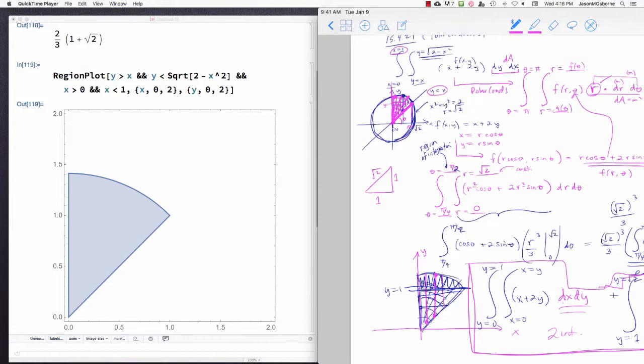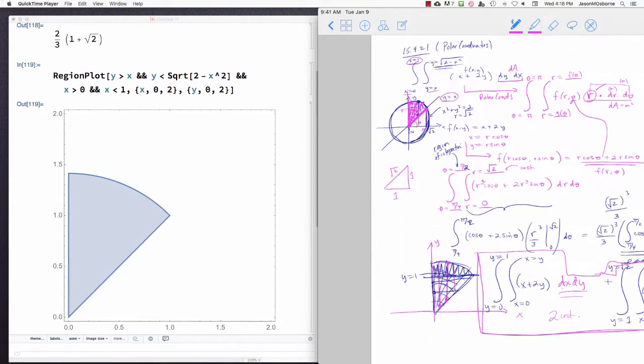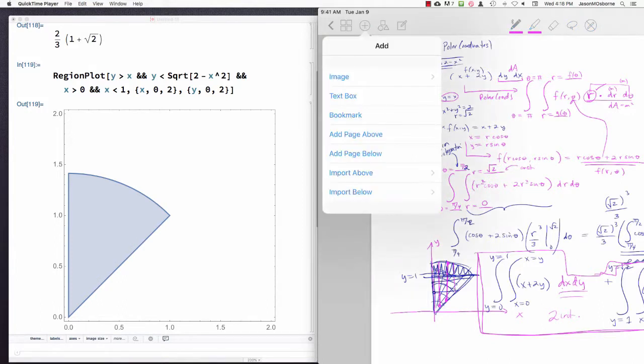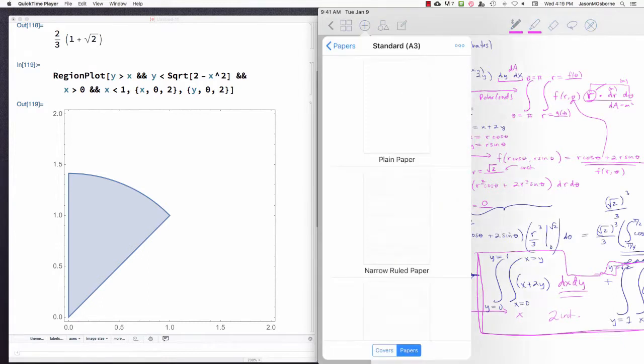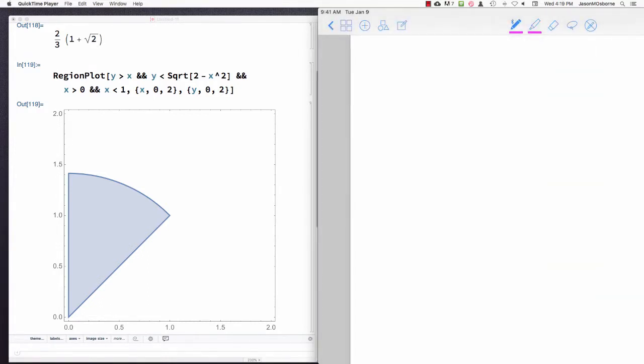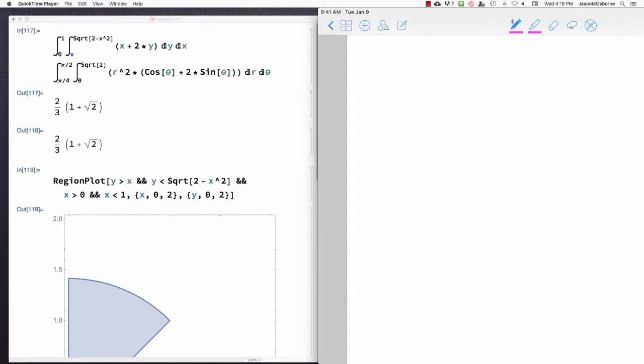Right? So what I'm going to try to finish this problem and ask is what would happen if I actually tried to compute that problem as it was originally stated. Would there have been any reason to be really required to switch to polar coordinates?